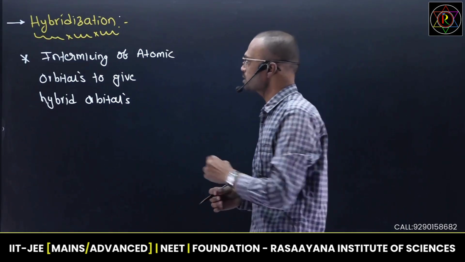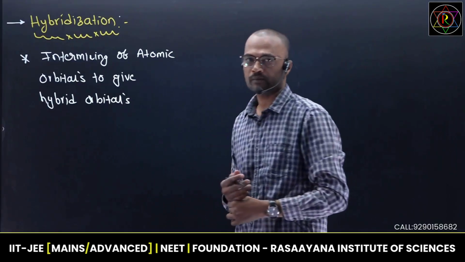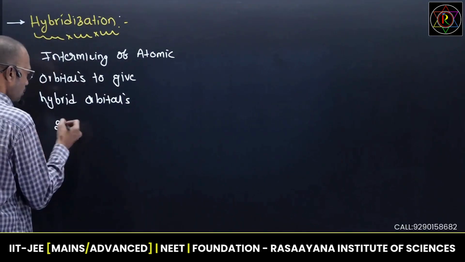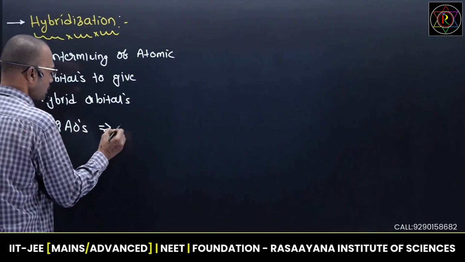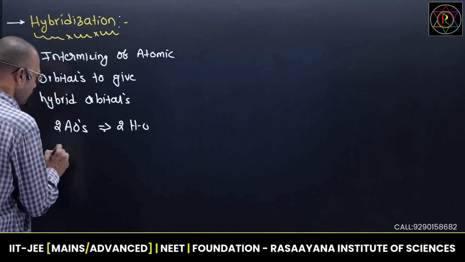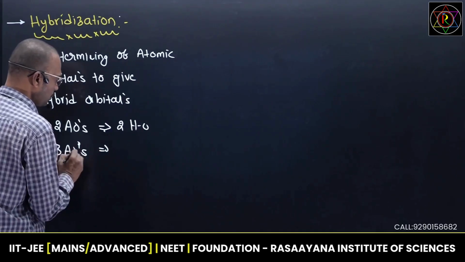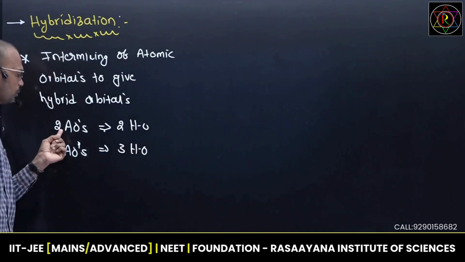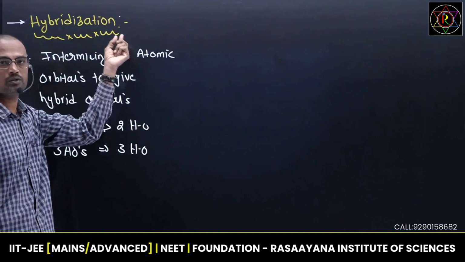And a very important thing is, however many atomic orbitals we mix, the same number of hybrid orbitals you will get. Suppose I mix two atomic orbitals, you will get two hybrid orbitals. If I intermix three, you will get 3 hybrid orbitals. So the number of atomic orbitals is equal to the same number of hybrid orbitals, that is called hybridization.